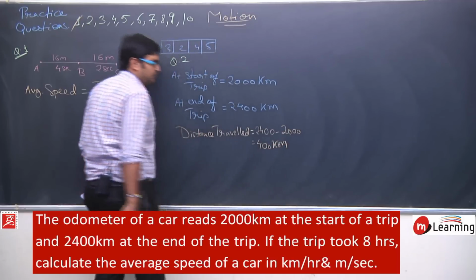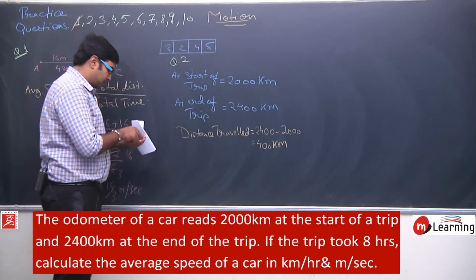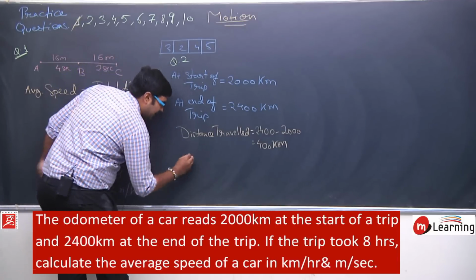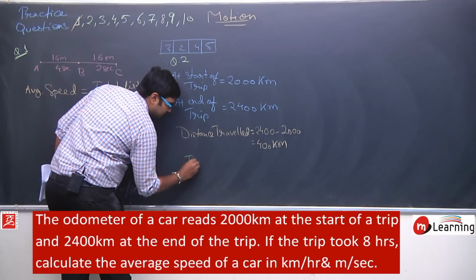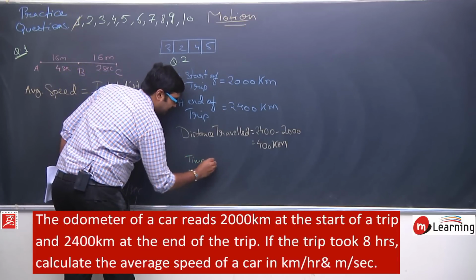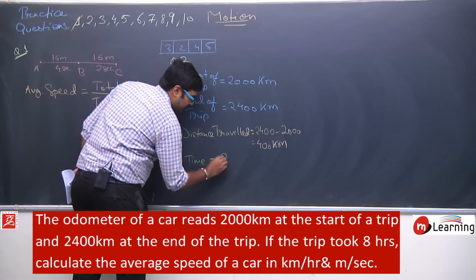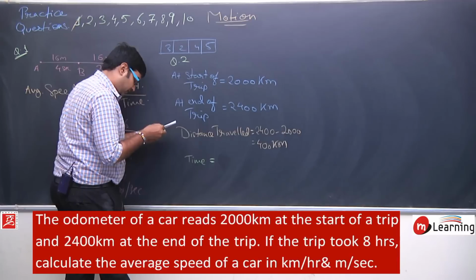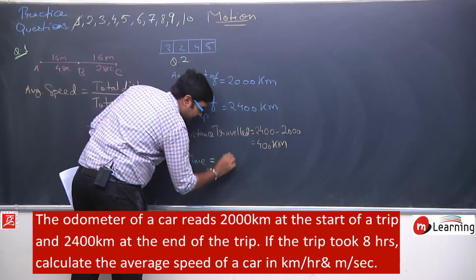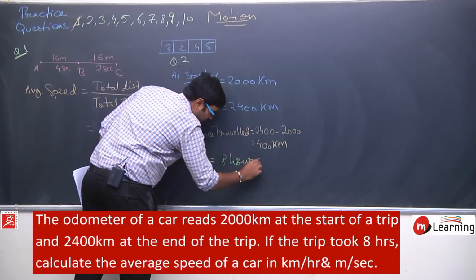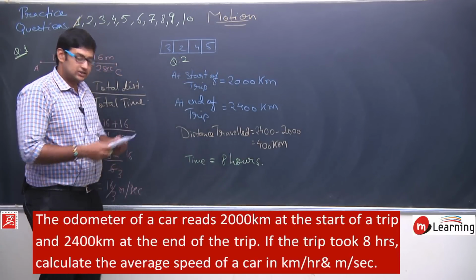This trip was a 400 kilometer trip. How much time did the car take to travel this much? The time taken by the car is 8 hours. The car traveled for 8 hours.